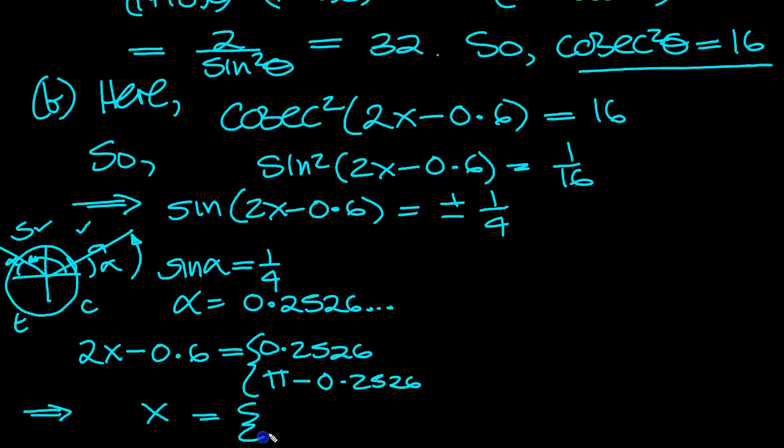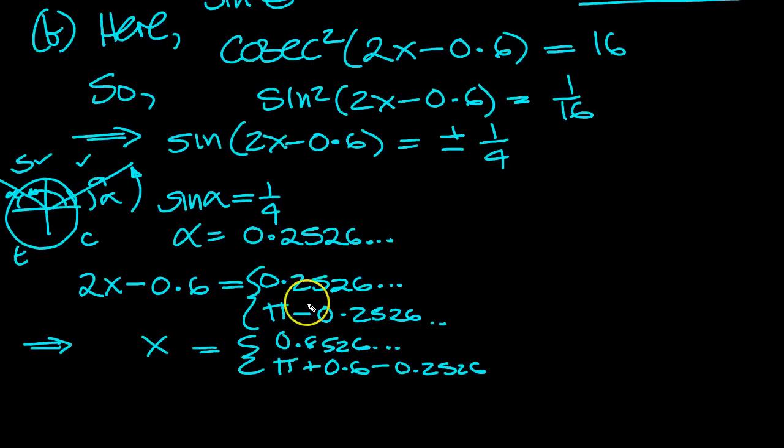So x equals, add 0.6 to this, 0.8526. And it will also be pi plus 0.6 minus 0.2526, and that's 2x, isn't it? So we need to take that number and divide it by 2, take this number and divide it by 2, and that will give us the x values.